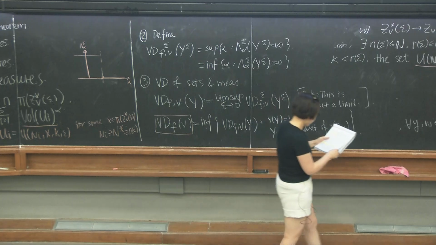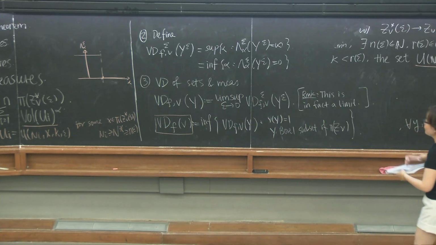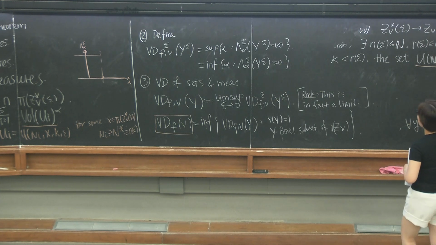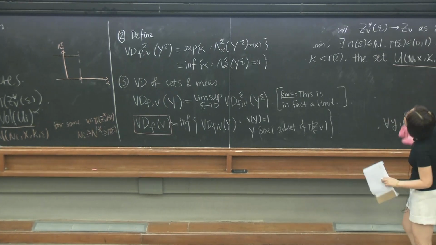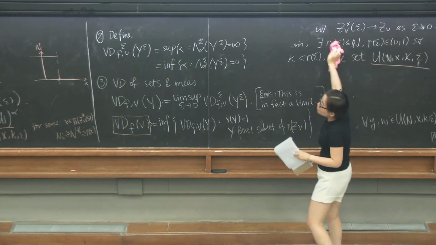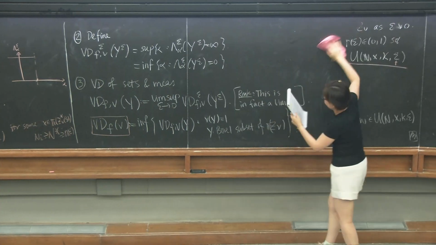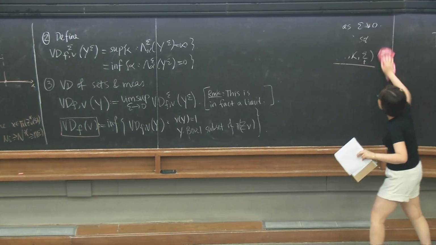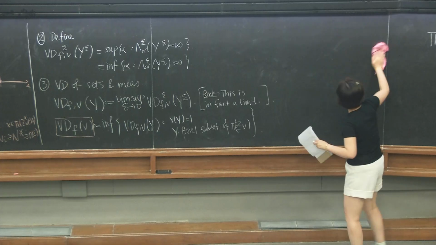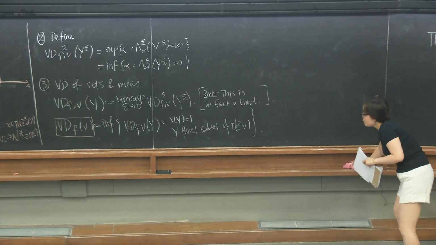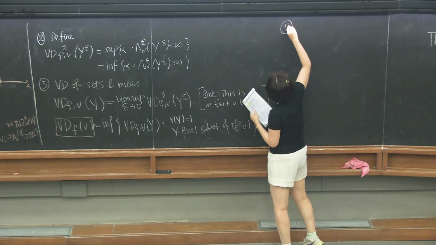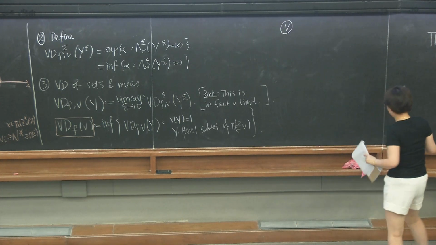Okay, so now how do we prove this, right? So why does this equal entropy over twice the Lyapunov exponents? I have 10 minutes, okay. As I said yesterday, the proof consists of 2 steps.